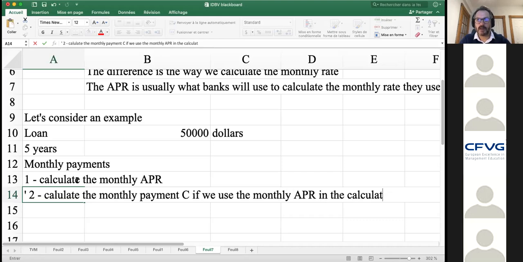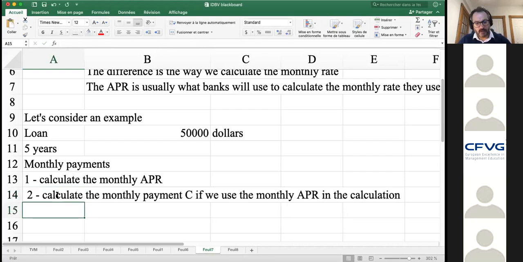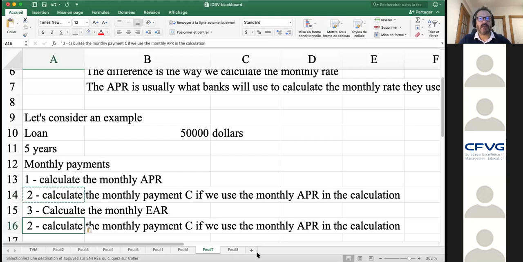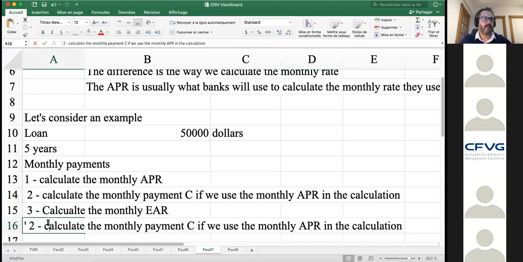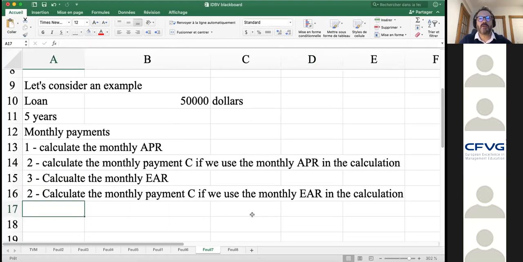Third question, calculate the monthly EAR, and fourth, calculate the monthly payment if we use the EAR. Okay. So I'll let you have a few minutes to do this, and we will discuss the answer afterwards.